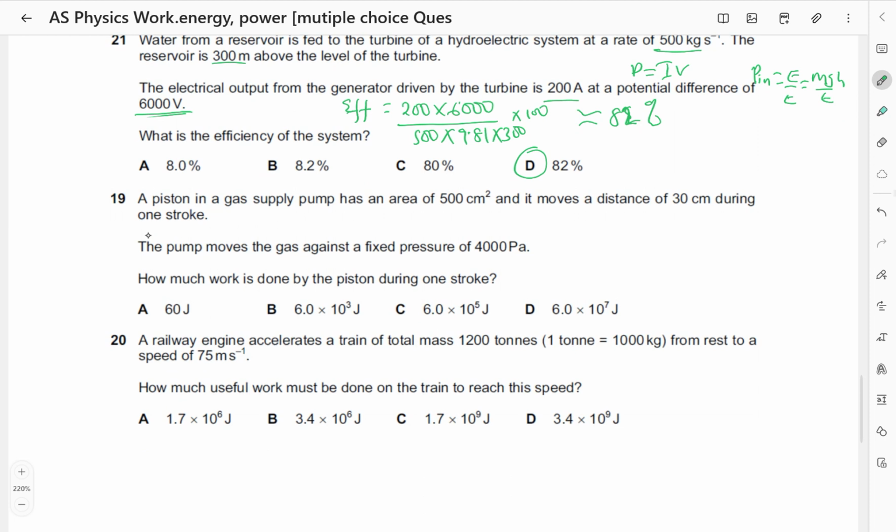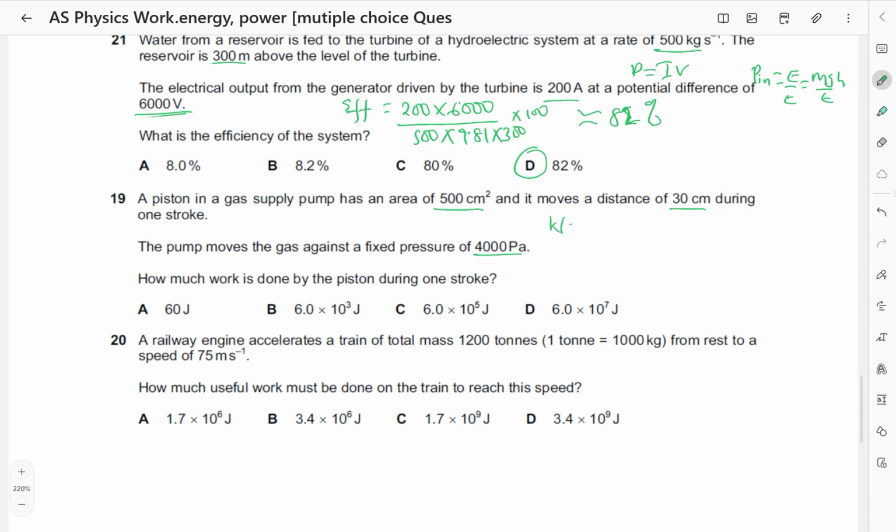A piston in a gas supply pump has an area of 500 centimeters squared and moves a distance of 30 centimeters during one stroke. The pump moves the gas against a fixed pressure of 4,000 pascals. How much work is done by the piston? This is a similar question.